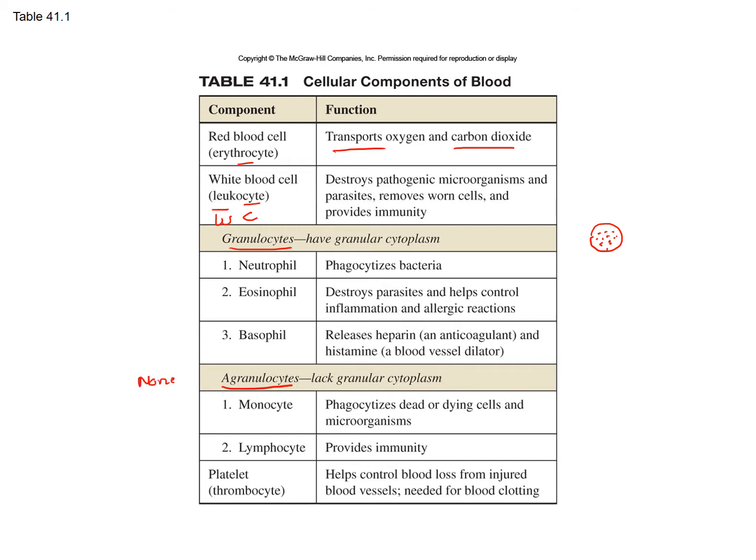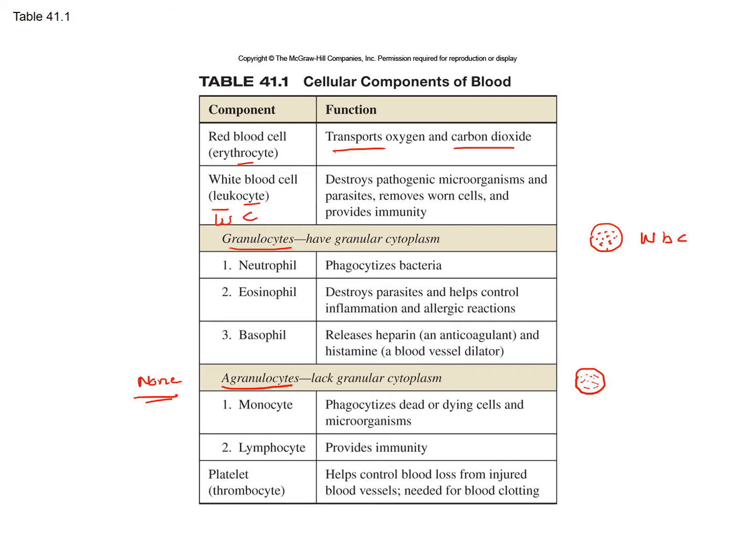Very specific. The second component is the agranulocytes, or non-granulocytes, meaning the white blood cell does not have specific granules inside the cytoplasm.